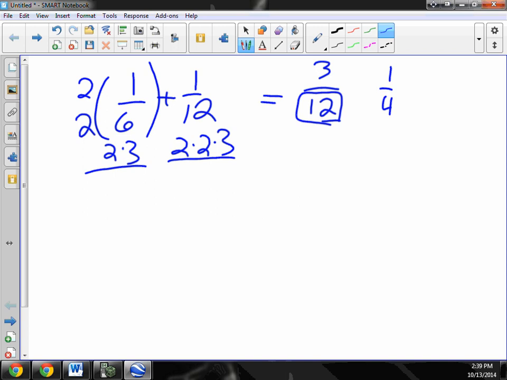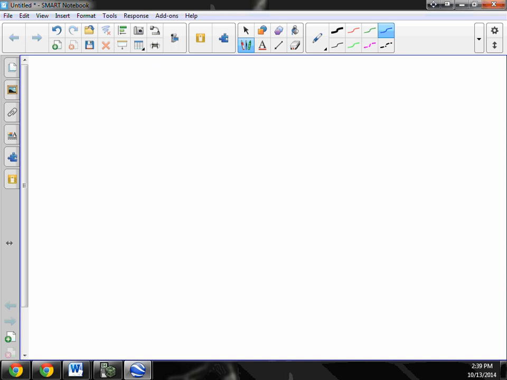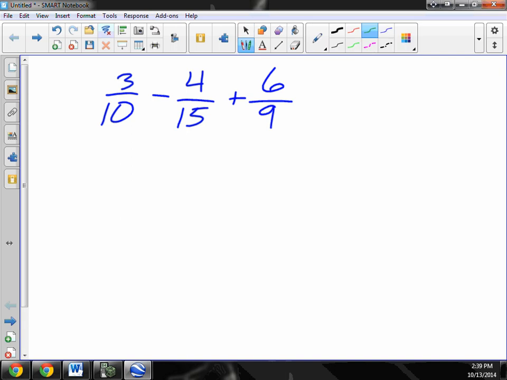Well, what if you had 3 fractions instead of 2? So what about 3/10 minus 4/15ths plus 6/9? How do we pick a common denominator? So this is 2 times 5, 3 times 5, and 3 times 3.